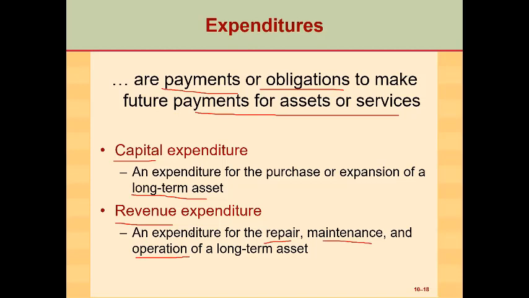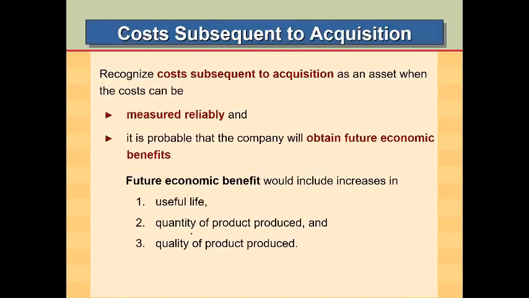Here, we don't extend the useful life of the asset, we are not increasing its productivity, and we are not enhancing the quality of its output. We are maintaining the assets operating. I think this slide will make it easier to understand.